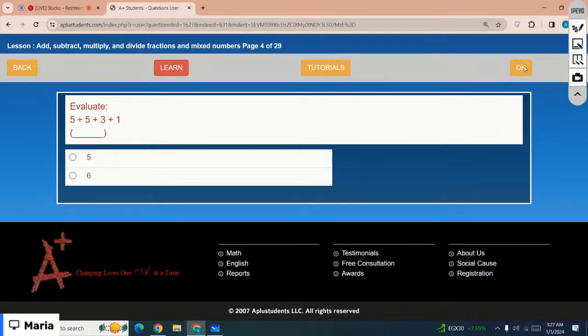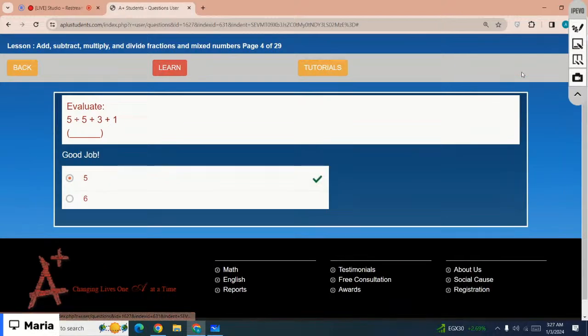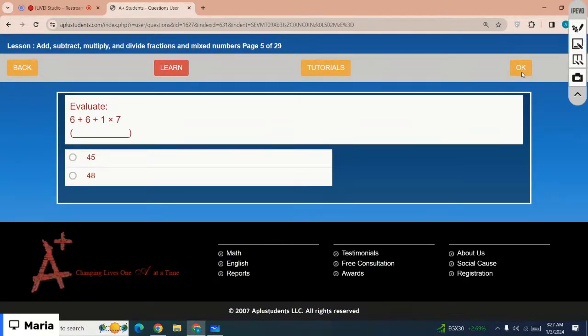Very good. The correct option is 5. The next one is evaluate 6 plus 6 divided by 1 times 7, which is the correct option.